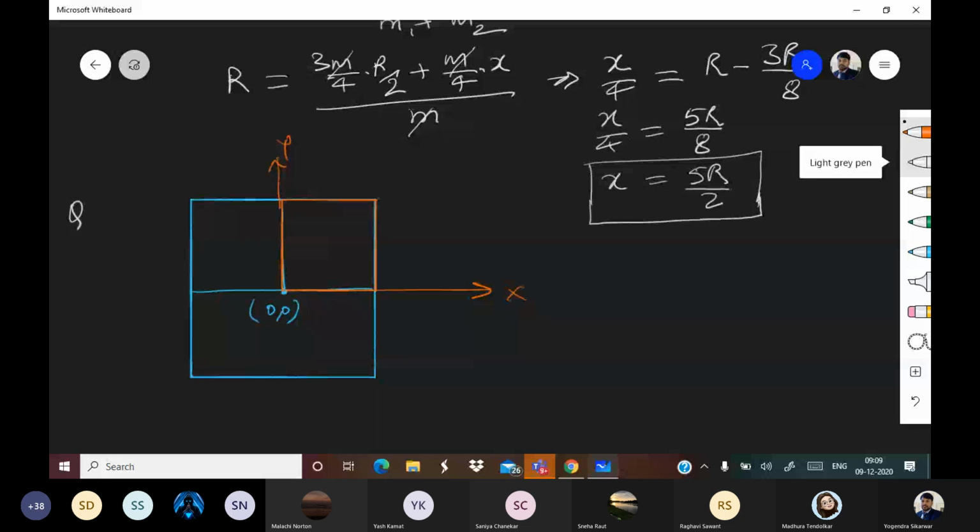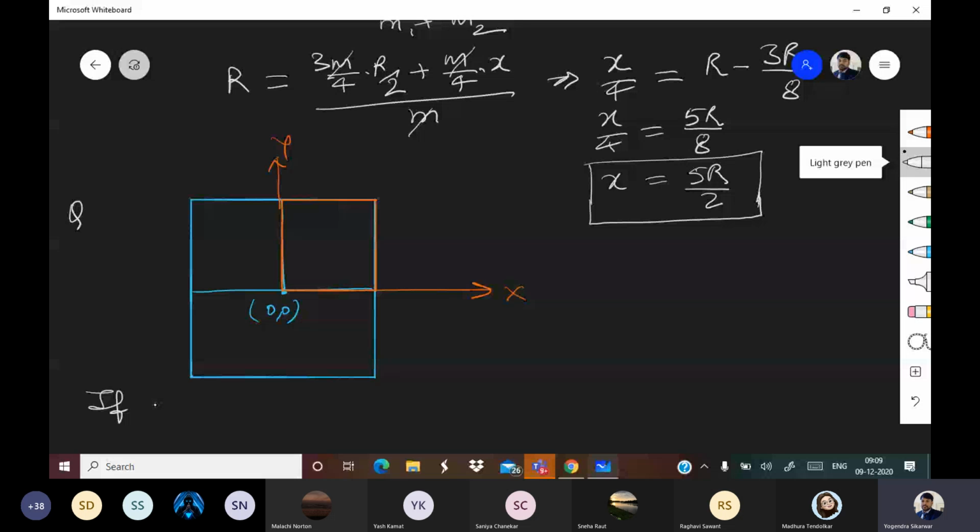So if the smaller square quarter has been removed from the bigger square as shown, find the center of mass of the remaining part.